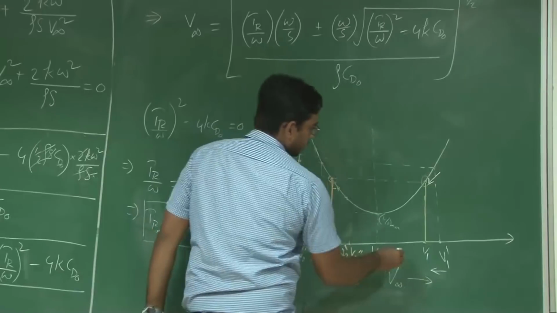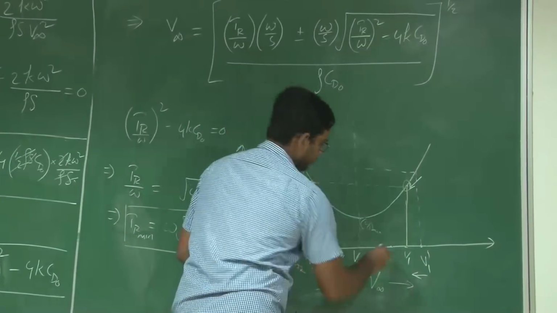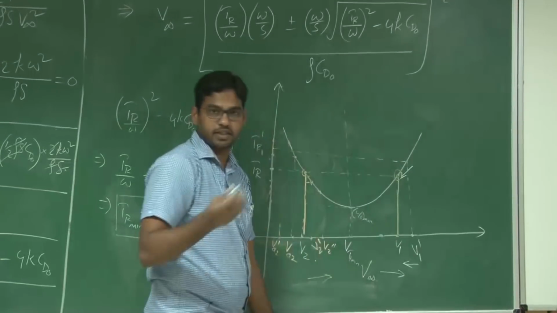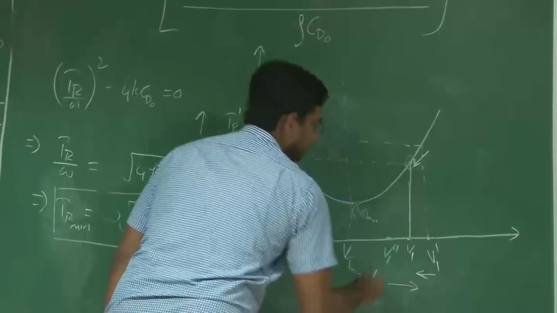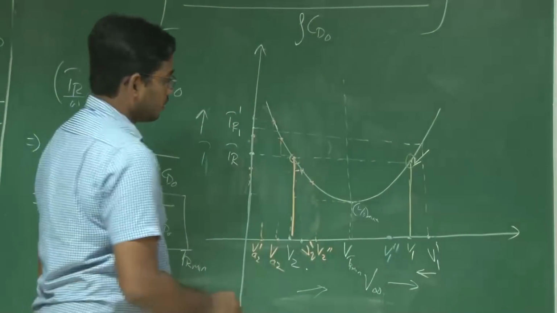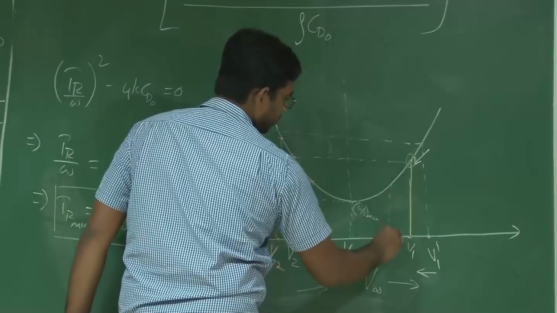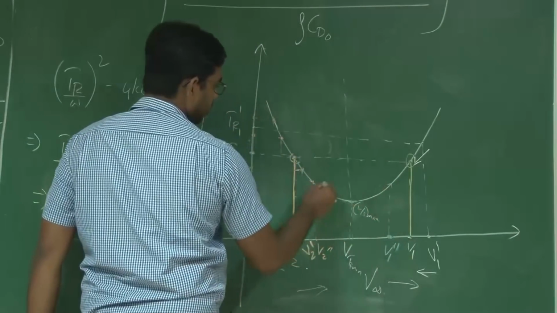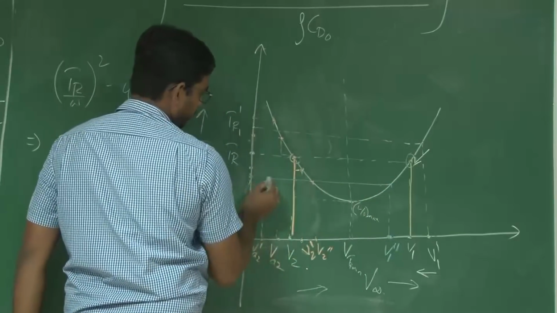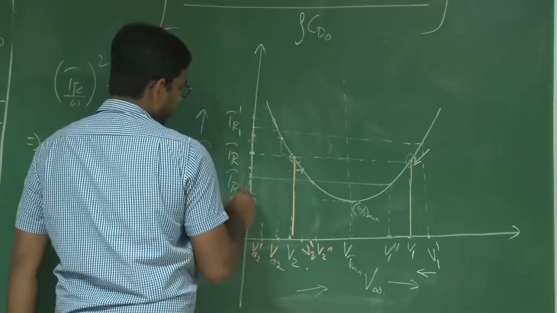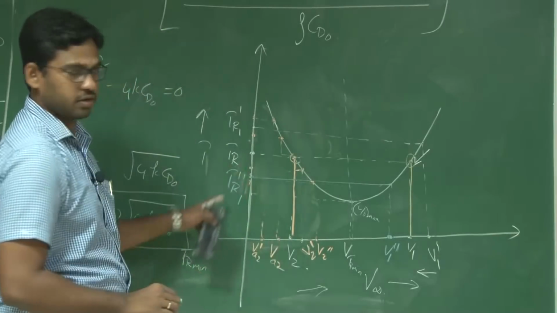And now say if your vehicle velocity is decreased because of external disturbance from V1 to V1 double prime, okay? Now the corresponding thrust requirement is also reduced. So from this plot you can see the corresponding thrust requirement also reduced. So TR1 double prime is lesser, right?